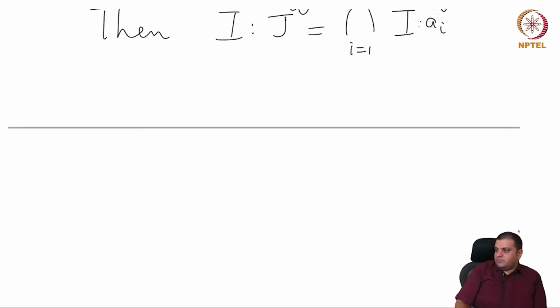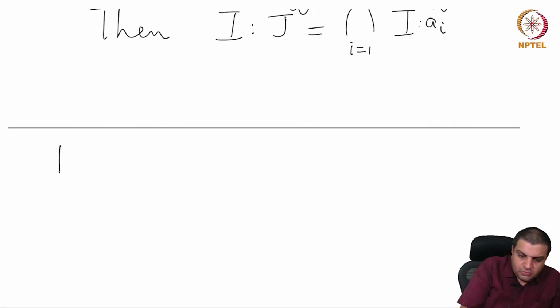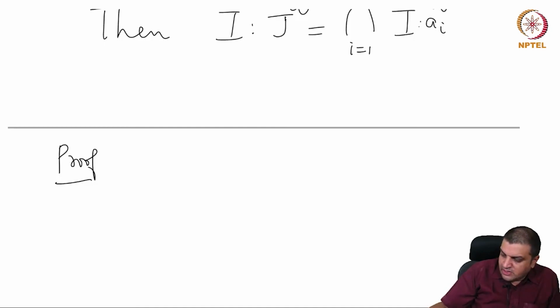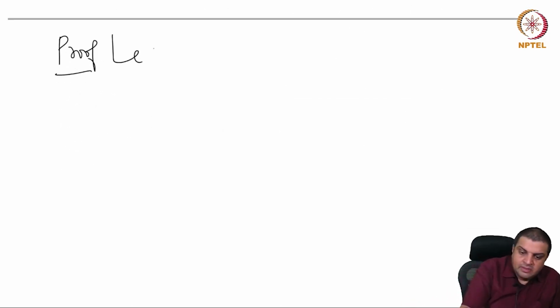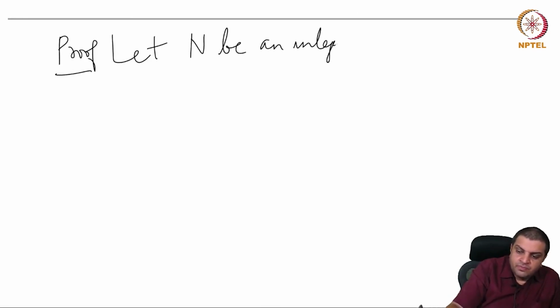So let's prove this. Proof. Recall from our earlier discussion that this is actually equal to I colon J to some large enough fixed power. So let n be an integer such that I colon J infinity is I colon J^n.